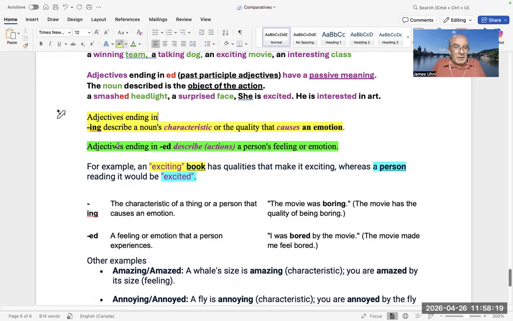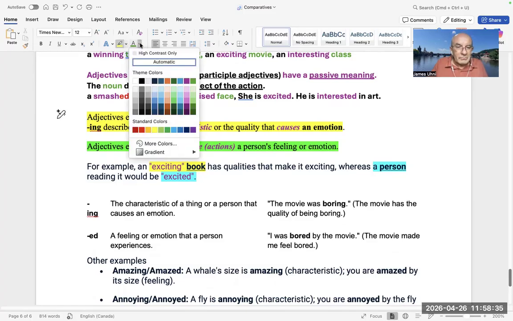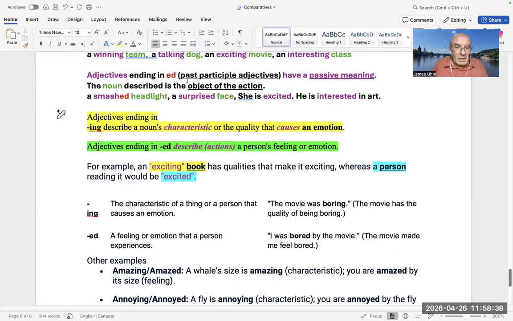Okay. Now we have adjectives ending in ed describe action. So we have describe over here. I would like to use purple and, okay, and it will be this way. Yes. And tick.